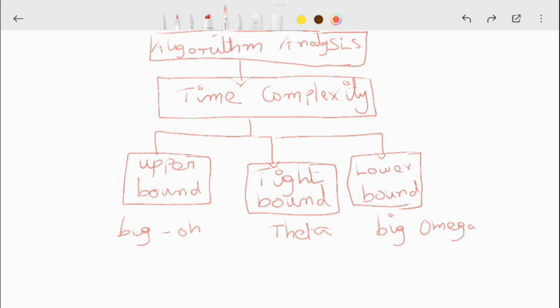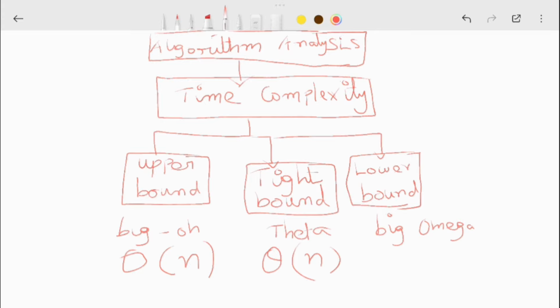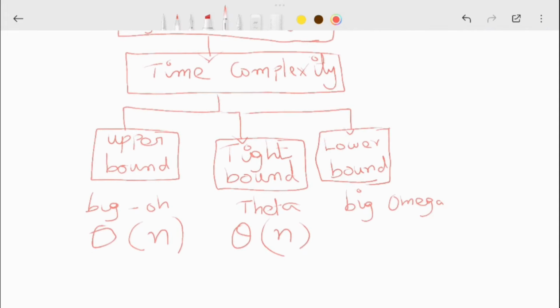That means O of some function n, O of n. The tight bound can be represented using the notation theta, so theta of some function n. And the lower bound of an algorithm can be represented using big omega notation. This is omega of some function n.